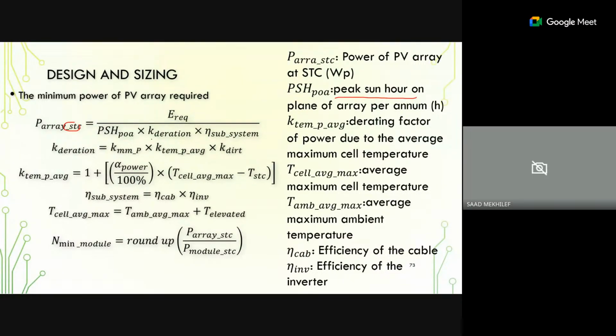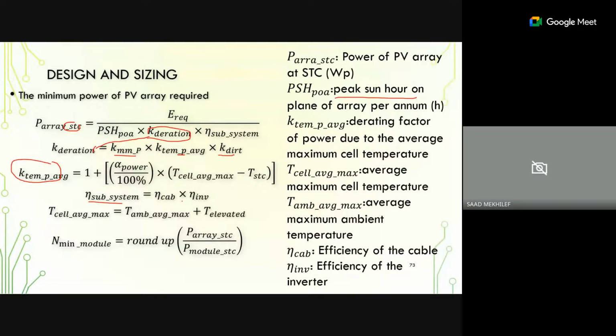This derating factor actually includes a number of derating factors: the average power loss due to dirt, and the derating factor due to temperature. You calculate all of this.